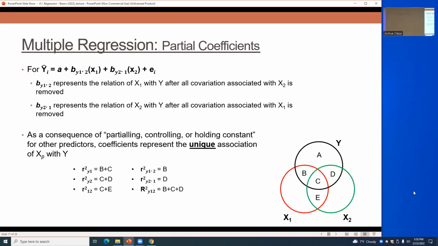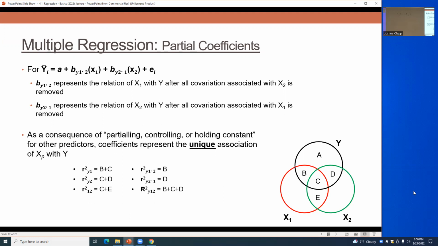Basically, what we've got here is a Venn diagram. This is the best way to get comfortable with this type of thing. You'll hear this in terms of partialing, controlling, holding constant for other predictors. Within the context of multiple regression, this gives us an indication of the unique association of our predictor with our outcome.